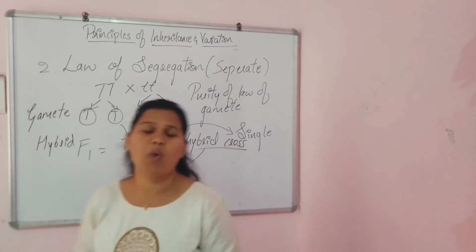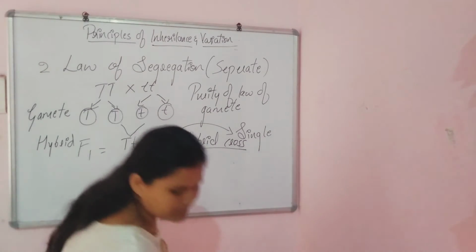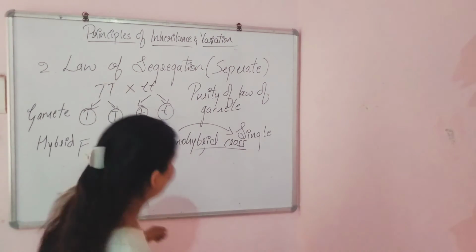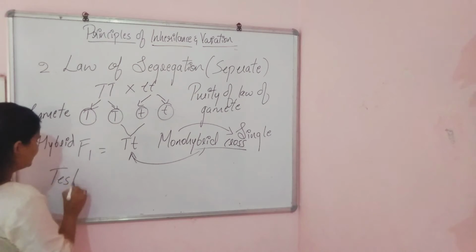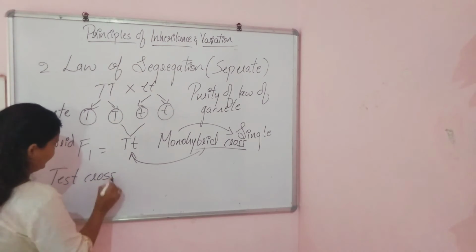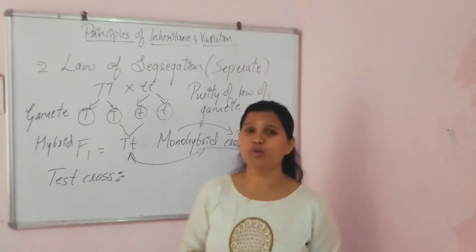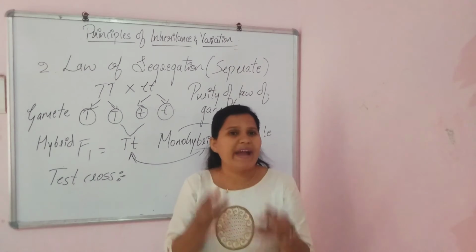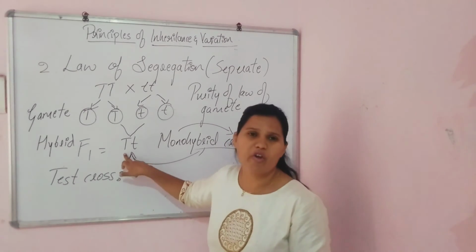Coming to one more term, that is the test cross. So what is a test cross? Let's have a look over here. A test cross is also a cross, and it is done to identify the genotype of the F1 offspring.